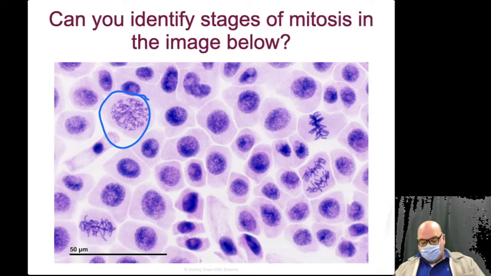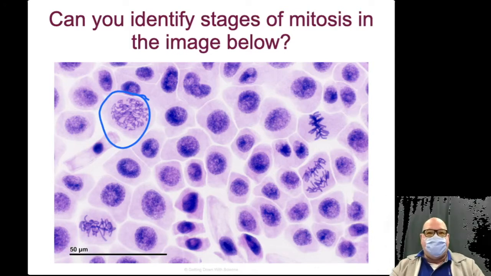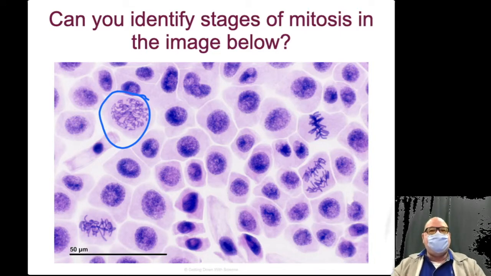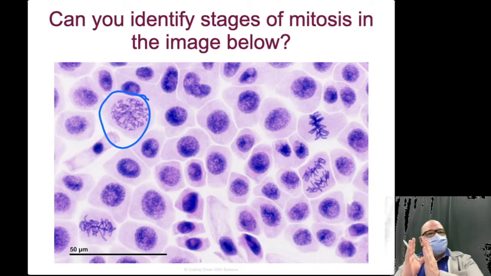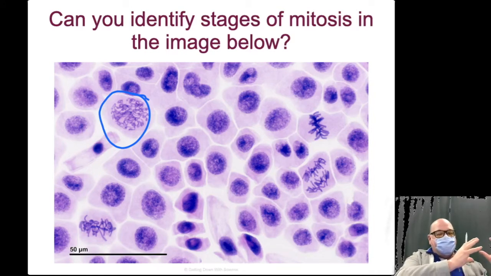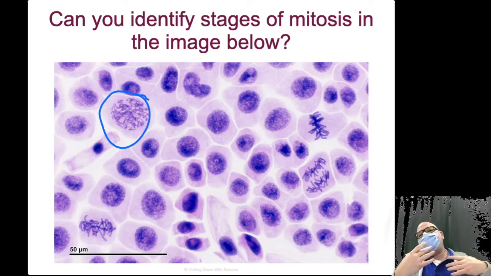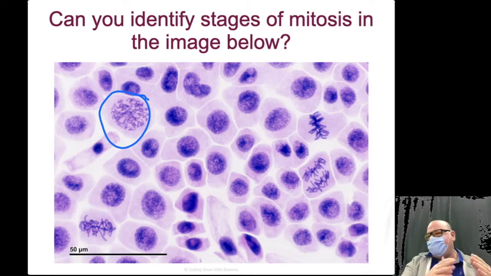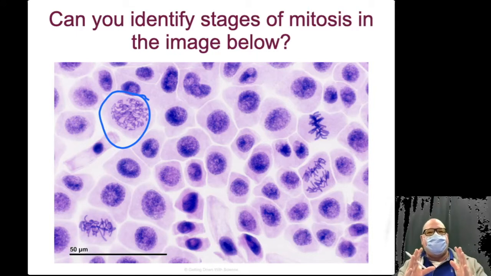Now, one thing that's important for you to understand as biologists is these are not like clunk, clunk, it goes to the next stage. It's not like clunk, it happens gradually over time. So you may hear people say like, well, that's early metaphase because they're not quite perfectly lined up.